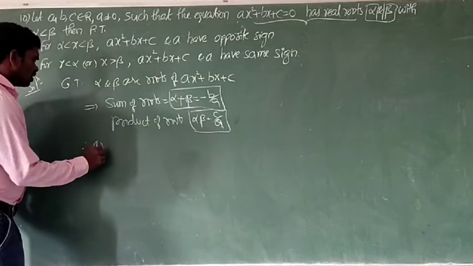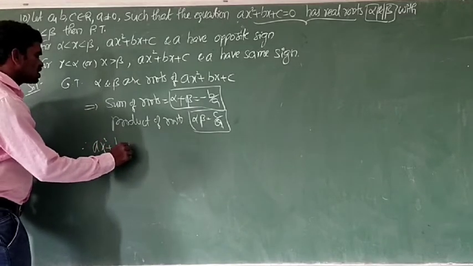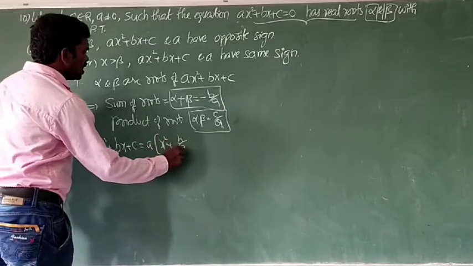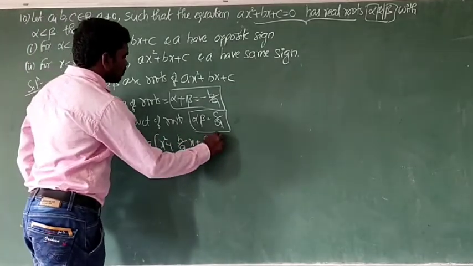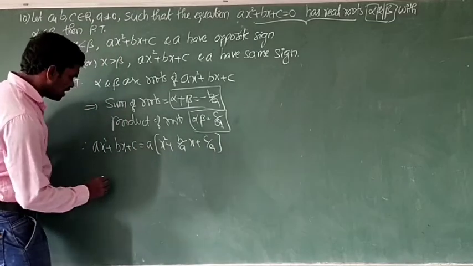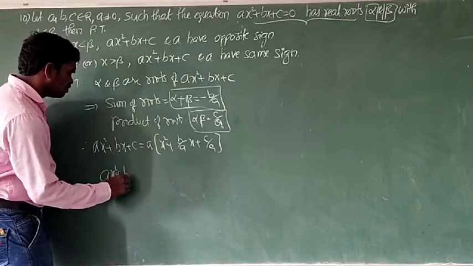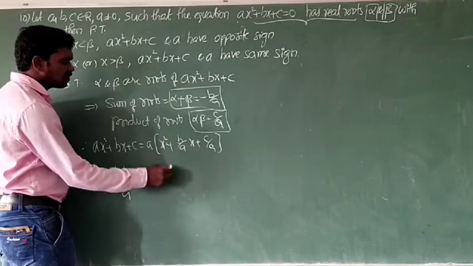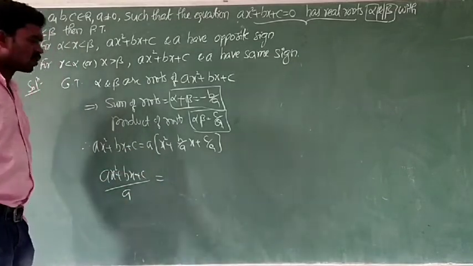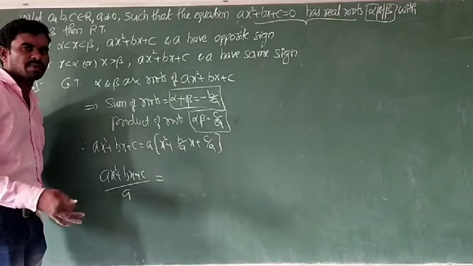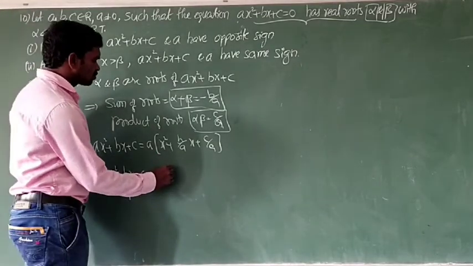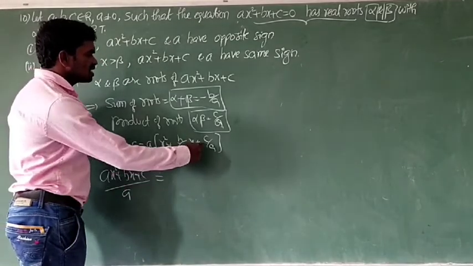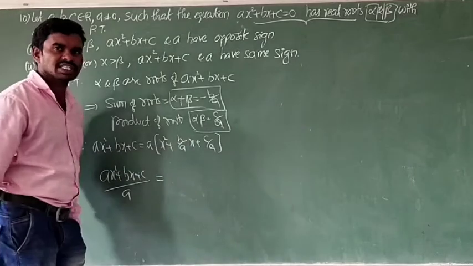So therefore the expression ax square plus bx plus c, we can write as a, if we take a out common, then x square plus b by a x plus c by a. So a stays on the left side, so it becomes a times the bracket. In the previous problem also we can write it at the starting or in the ending or in the middle, no problem. Now x square plus b by a x plus c by a. Instead of this we can write directly x minus alpha into x minus beta.